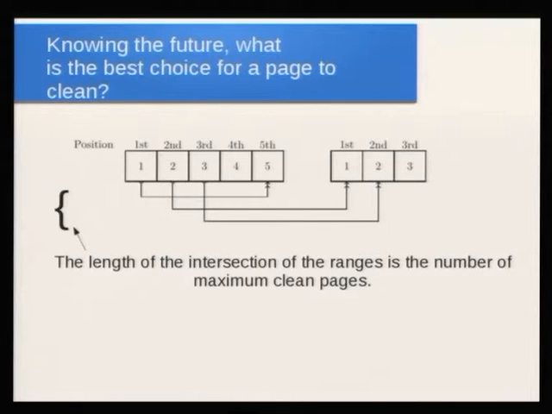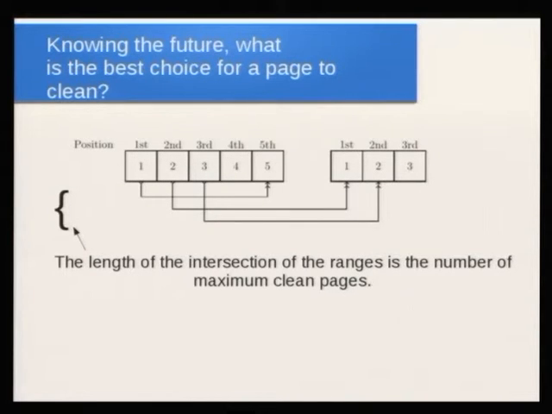If you think that this arrow represents the length of time that a page is clean, then by cleaning several pages in sequence, you increase the number of pages that are clean at the same time. And that represents the threshold in QEMU.